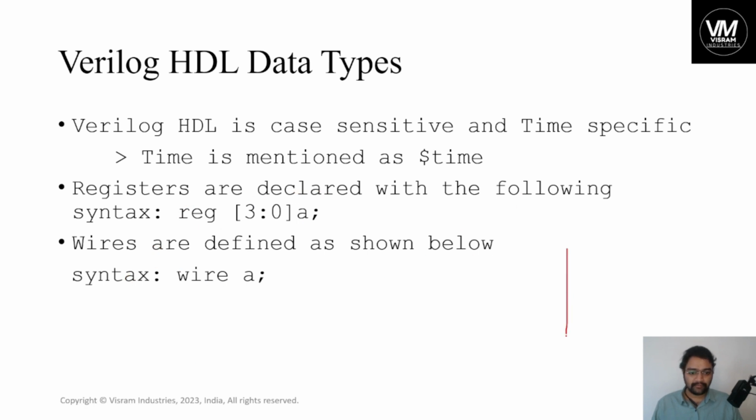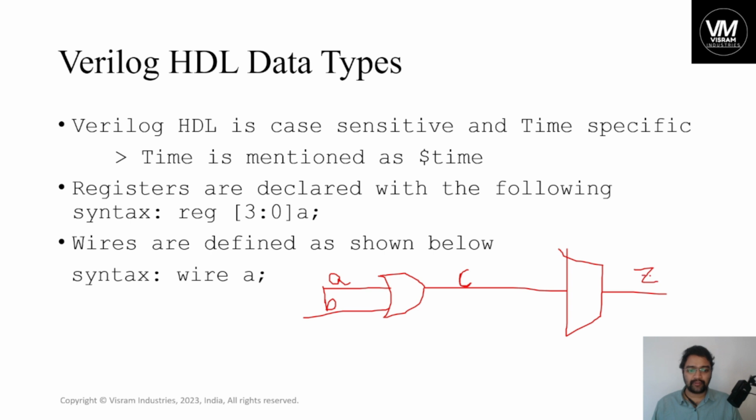So you have a mux and you have an OR gate, and you have connected one wire to the output. You have A as input and B as output, C as output for the OR, and some other Z as the output for the multiplexer.